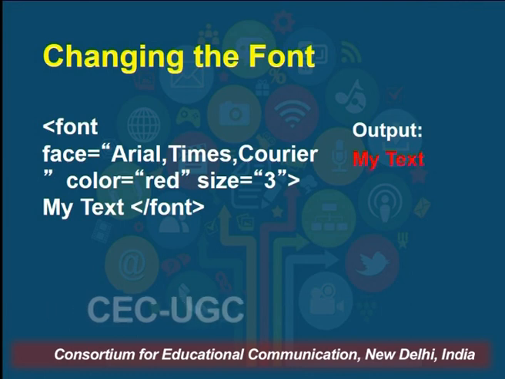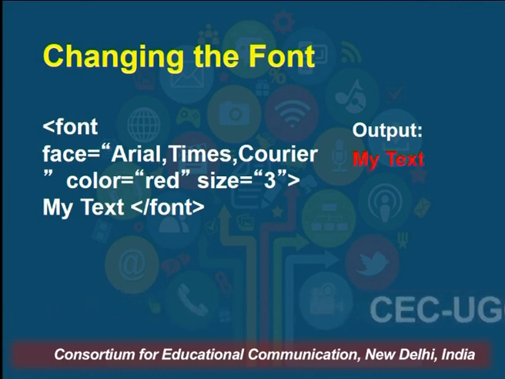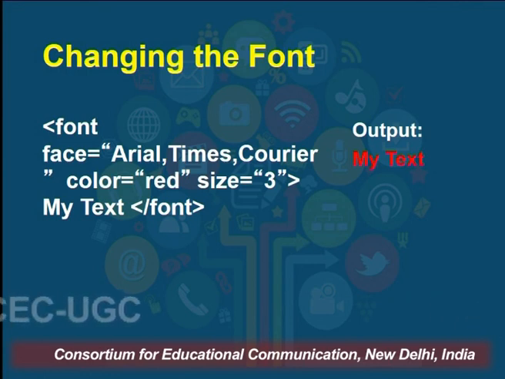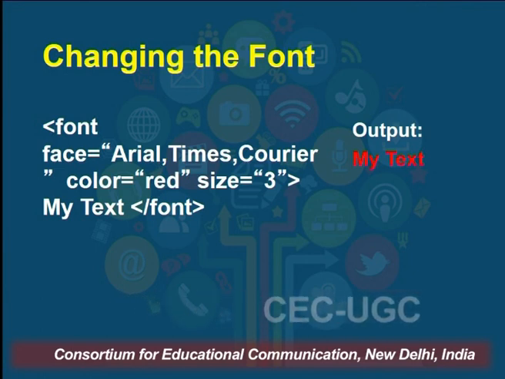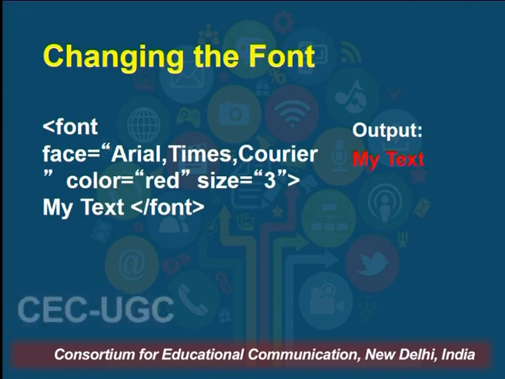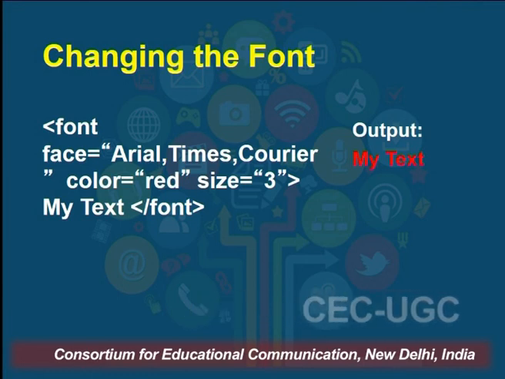Then you can specify the color in which the text should appear by using the color attribute, and you can give the size of your text using the size attribute. Size can be specified as a number between 1 and 7, where 1 is the smallest and 7 is the largest, and the default size is 3.